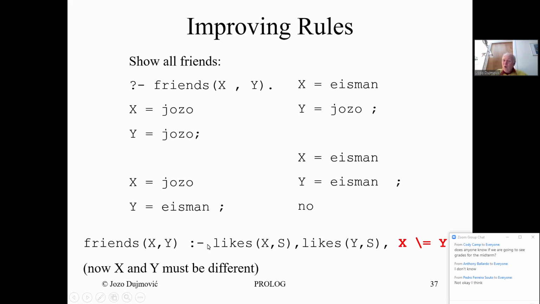So you must first put likes X, S, and now you instantiate X. Then you go with likes Y, S, and then instantiate Y. And then when you satisfy first and second goal, you instantiate X, you instantiate Y. And now you come with X and Y that have specific values.